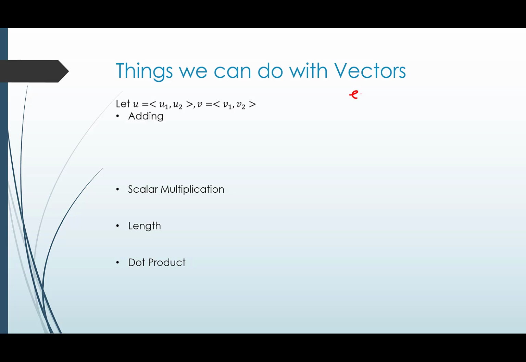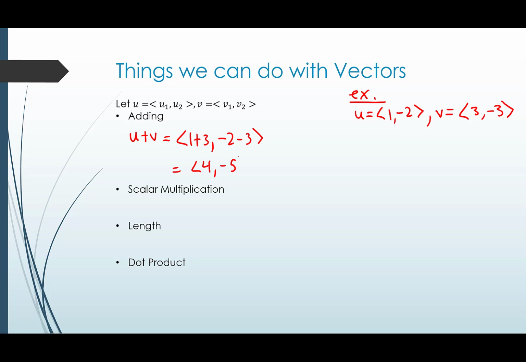So as a running example, let u be (1, -2), v equal to (3, -3). All right. So what we can do with vectors is we can add them. Now what's nice about adding vectors is it's just component-wise. So if we're going to add u and v, it would just be 1 plus 3, comma, -2 minus 3, also known as (4, -5).